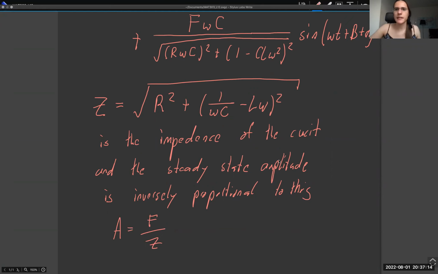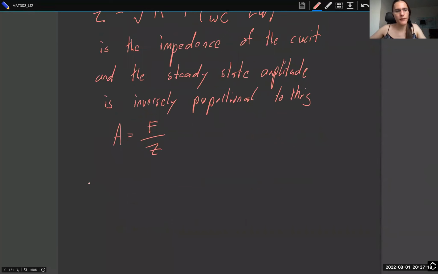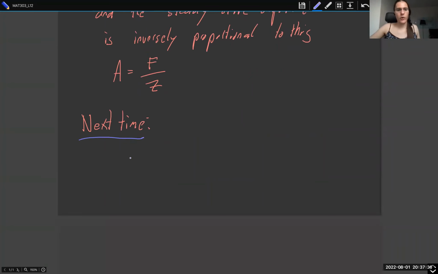Okay, and I think that that's where I'm going to end for today. Next time, we're going to start off with stuff like, I'll give an example. So in the simplest example, we're going to have something like E. And then we might have a resistor here.